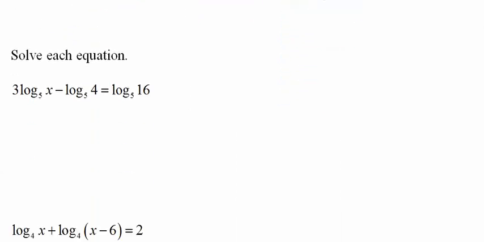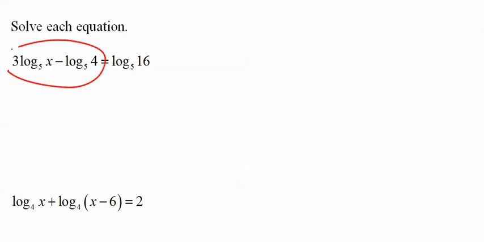So, solve some equations. Subtracting, same base, watch out, that's a tricky thing us math teachers do. Power goes up top. Log base 5 of x to the third minus log base 5 of 4 equals log base 5 of 16. Well, wait a minute, where'd all the logs go? Let's show that.